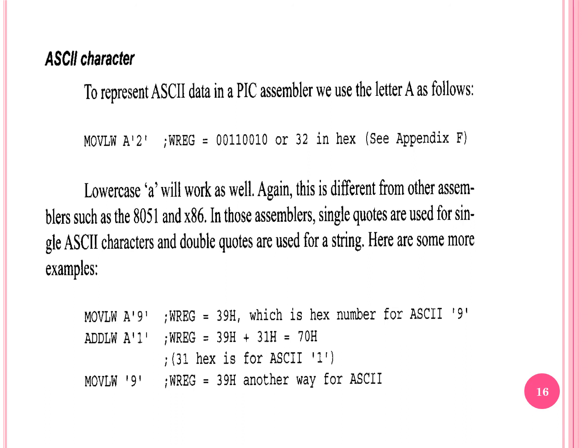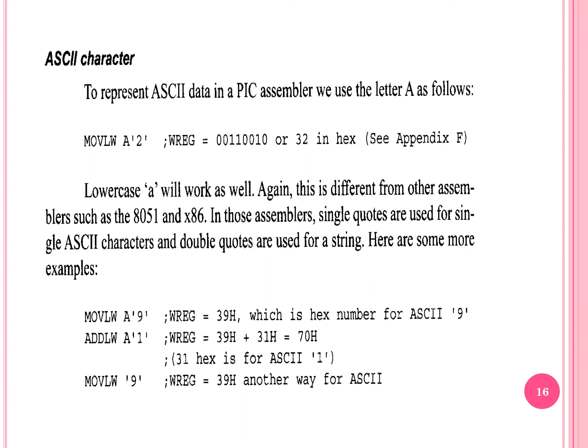ADDLW A'1'. WREG already contains 39, and now it will add ASCII 1, meaning 30 plus 1, 31. So 39 plus 31 will become 70H. 31 exists for ASCII 1. MOVLW '9', so WREG will make it 39. So this is the way.